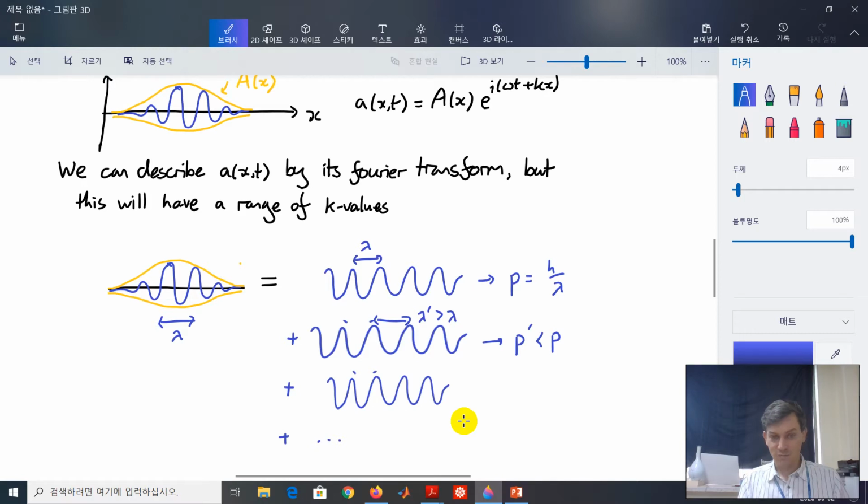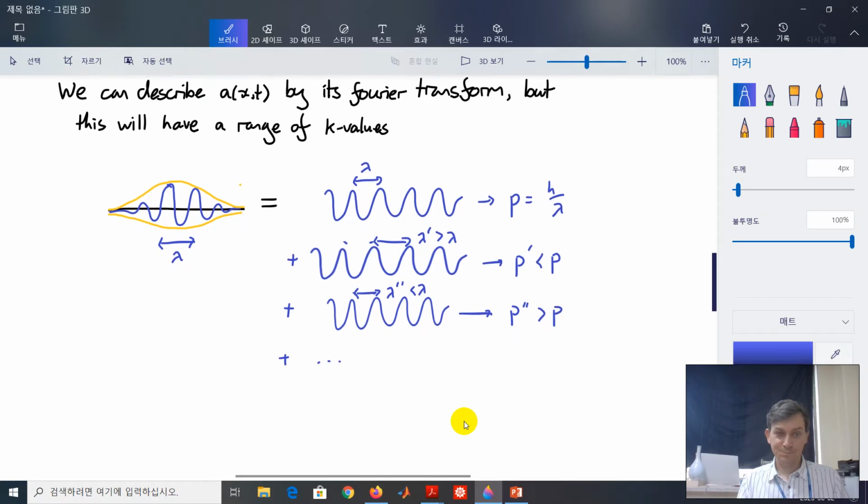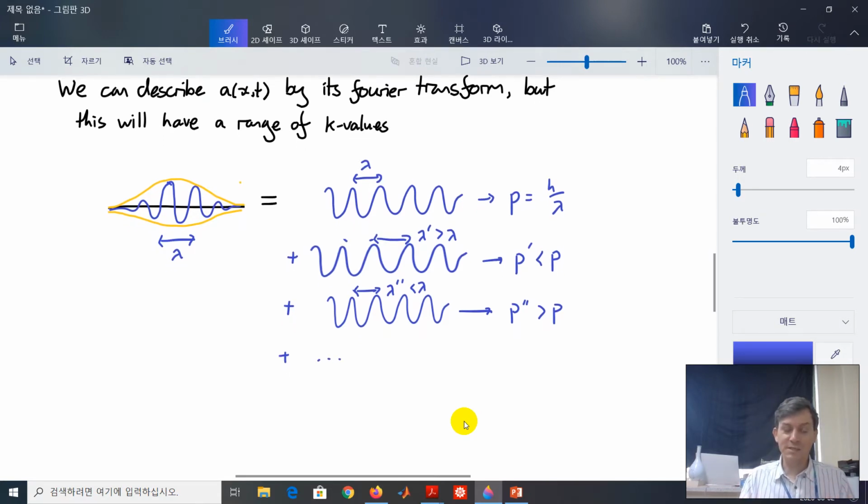And here, because the wavelength is less, that will mean that the momentum is more. Okay. And what this means is this wavelet introduces an uncertainty in the momentum of the particle. You cannot say exactly what the de Broglie wavelength of this wave function is, and this introduces uncertainty in the particle momentum.